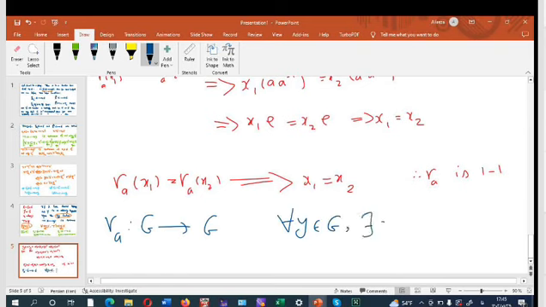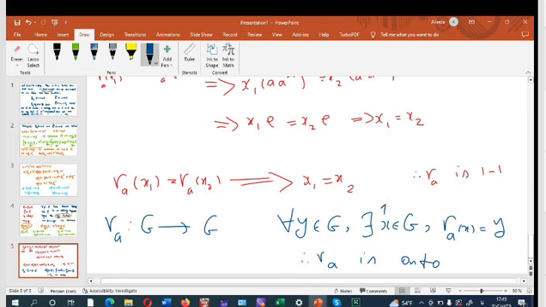We found an element such as x in G such that Ra of x equals y, and this shows that Ra is onto, okay?